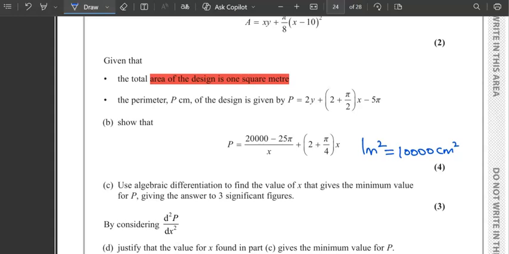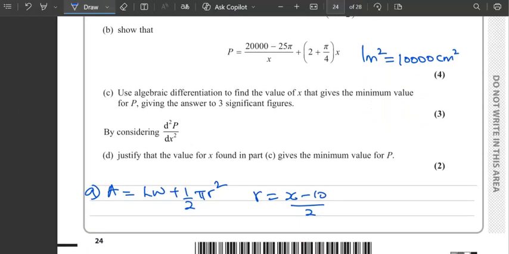Then the second part, the perimeter P of the design is given by P is equal to 2y plus (2 plus pi over 2) x minus 5 pi. So part B says show that P is equal to 20,000 minus 25 pi over x plus (2 plus pi over 4) x.